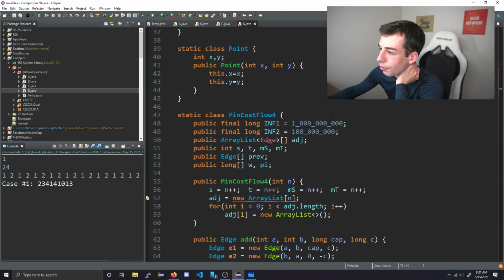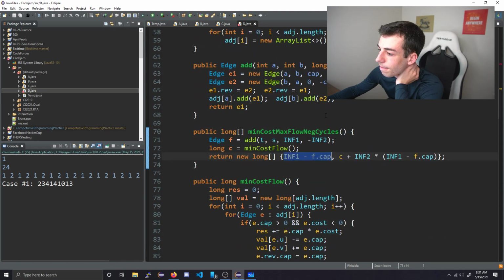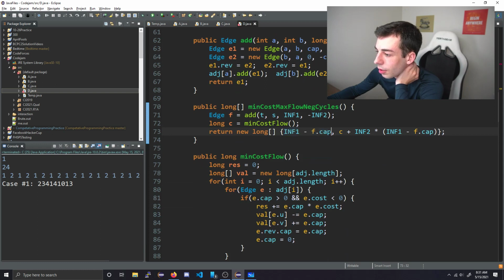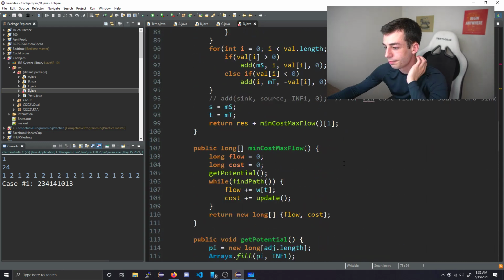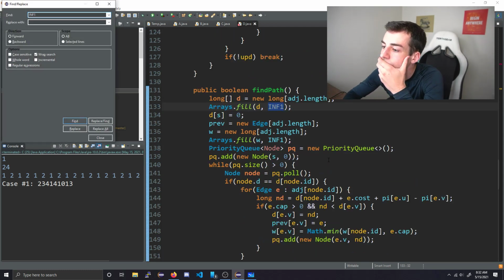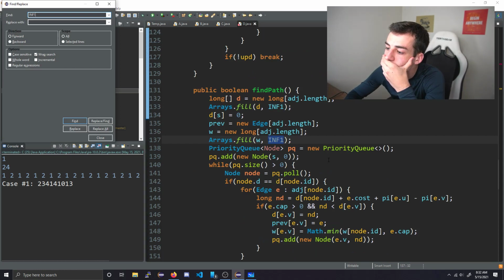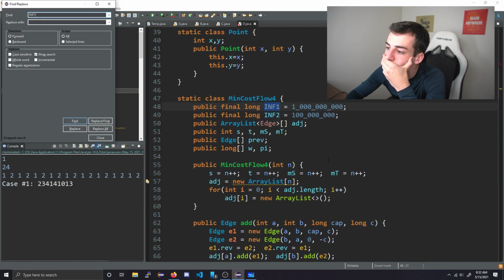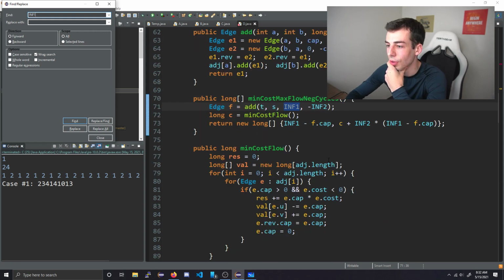So this first thing is the flow. So inf1 is just the max flow.